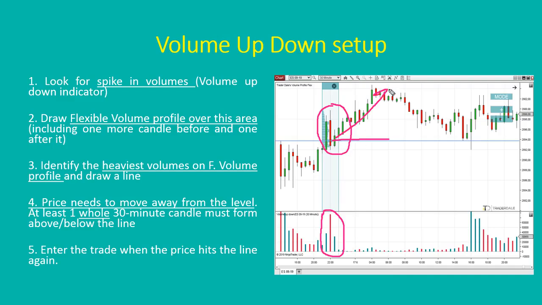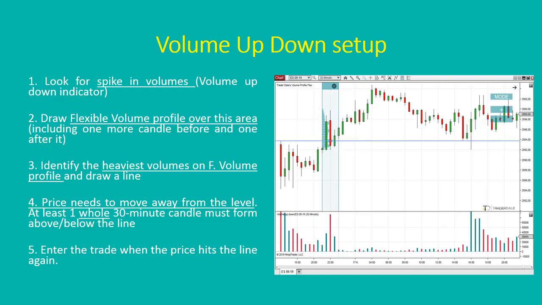So they pushed it upwards. And after it, you just wait for a pullback and you expect that those buyers from this area who pushed the price upwards will be defending their positions and they'll be pushing the price upwards again. Alright, that's the logic behind this setup.